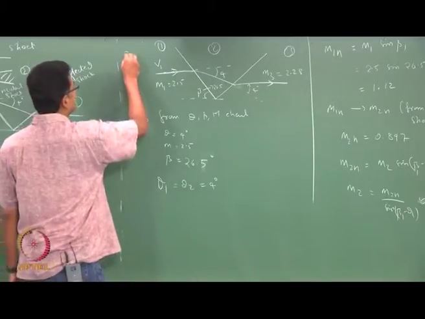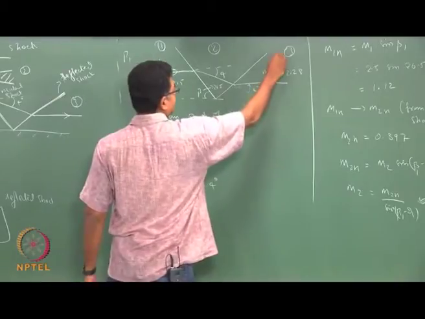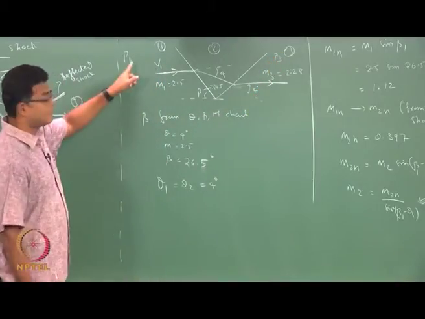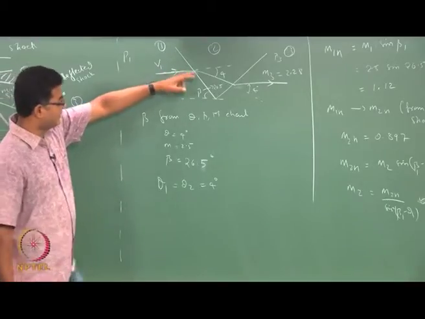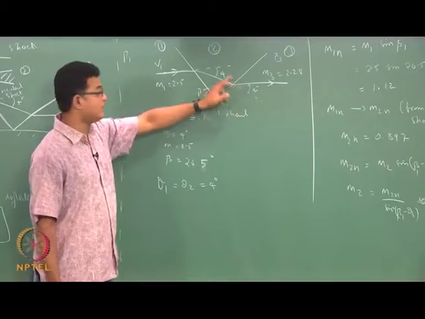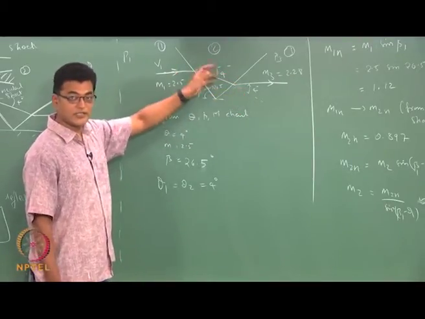So, if I know pressure P1, I can find P3 from M1n and M2n, and then M2n and M3n. So, the pressure across this shock is known, the ratios are known.